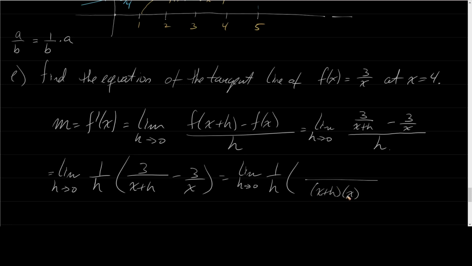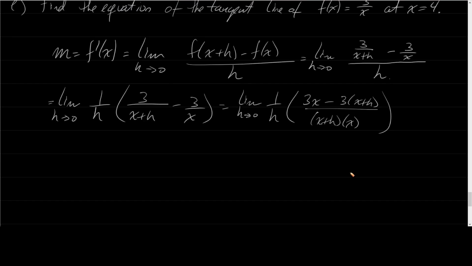That's our least common denominator. To go from x plus h to x plus h times x, I have to multiply by x, so the numerator becomes 3x minus the other numerator, 3. To go from x to x plus h times x, I have to multiply by x plus h, so that numerator is multiplied by x plus h as well.